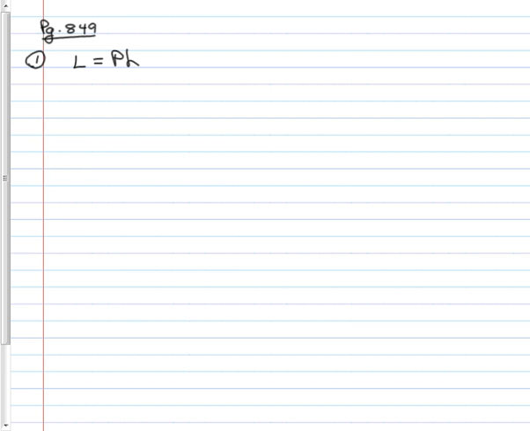So if I look at this figure here, my perimeter, what are we going to do to get the perimeter? 4.5 times 5. I'm going to write it down that way. 4.5 times 5. That's going to give me the perimeter. How about my height? 5.